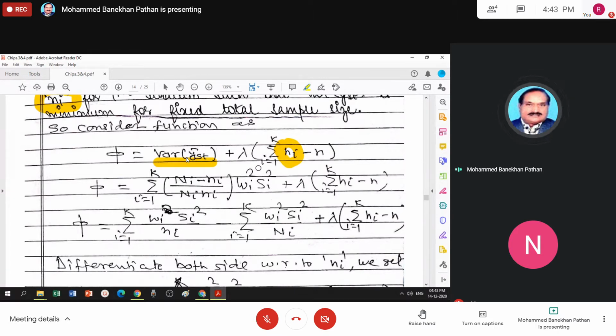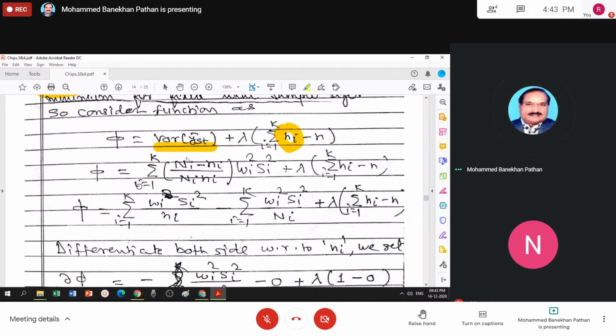Now I split this first quantity for simplicity of further calculation. What I did, I multiplied wi square si square inside this bracket.